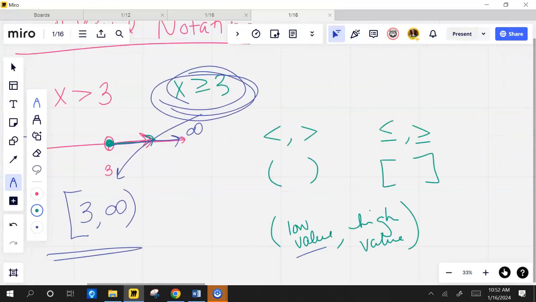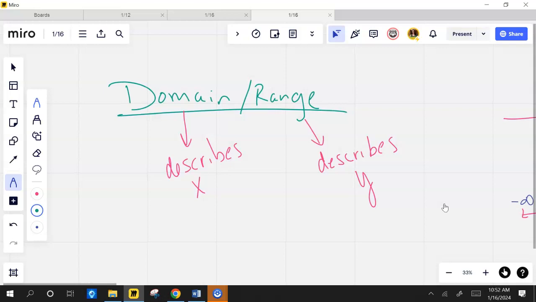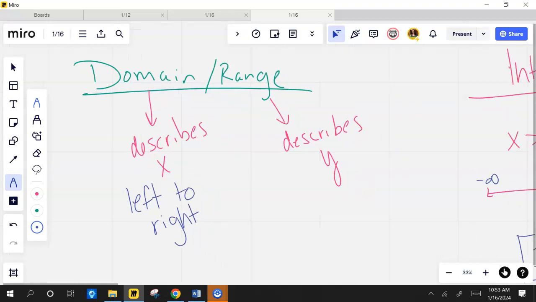Going back to this domain and range, we said that domain describes X and range describes Y. I'm going to go a little bit further with that and say that for domain, we're looking at the graph left to right. And for range, we're looking at that graph from the bottom up. I always say bottom up.